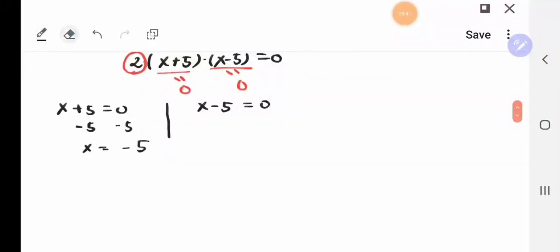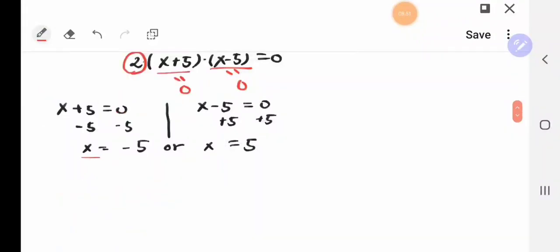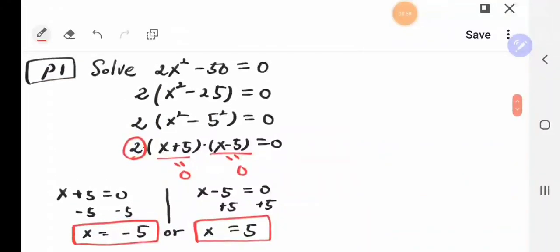Or, plus 5 each side, so that x equals 5. So we've just found two solutions, negative 5 and positive 5. So these two are the solutions of this equation. Once you plug in this 5 and negative 5, then the equation will be true.